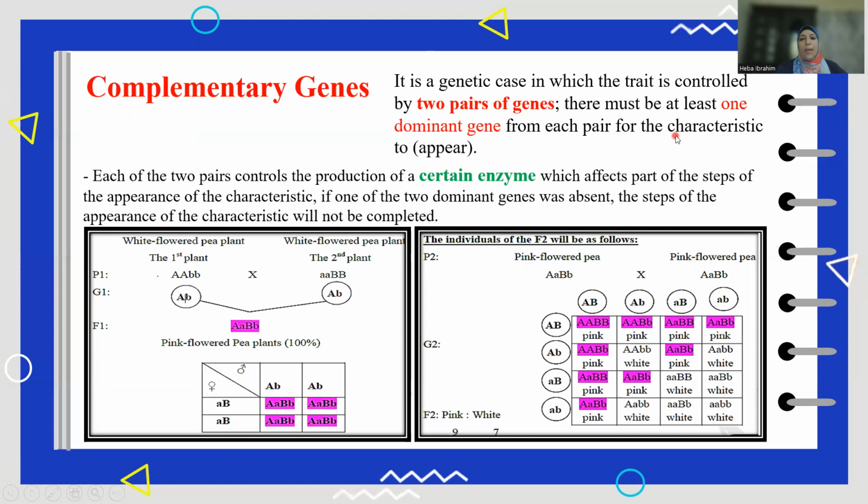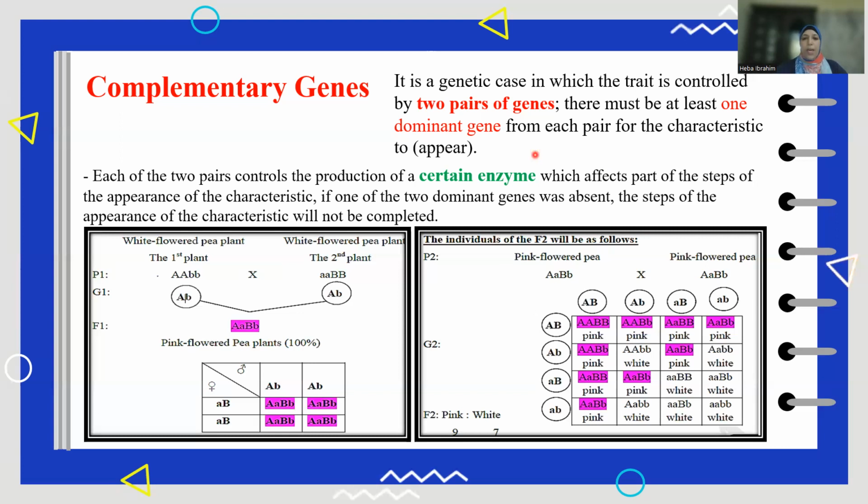Why? Because each of the two pairs of genes controls the production of a certain enzyme, to complete a special reaction that is necessary for our dominant trait to appear.